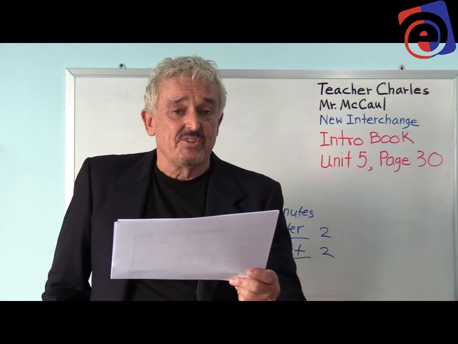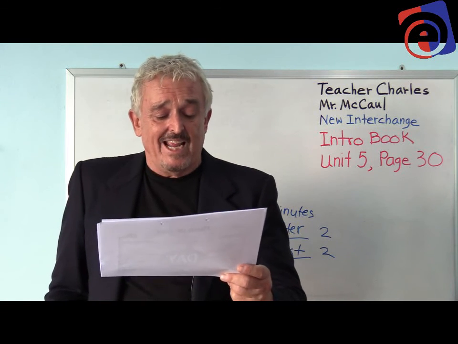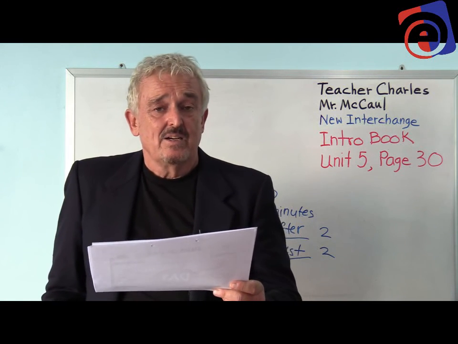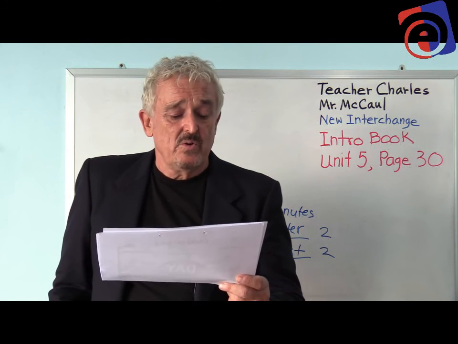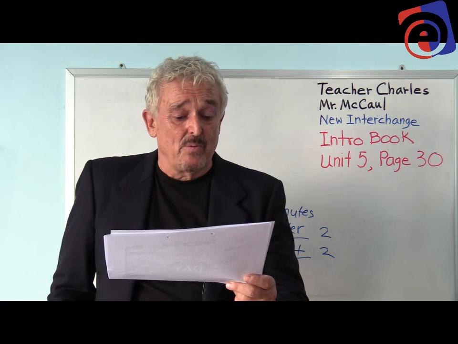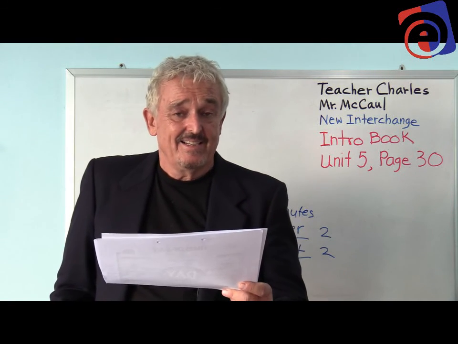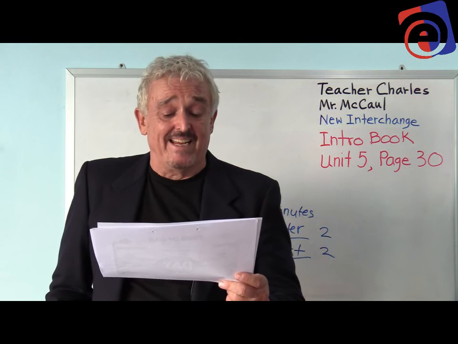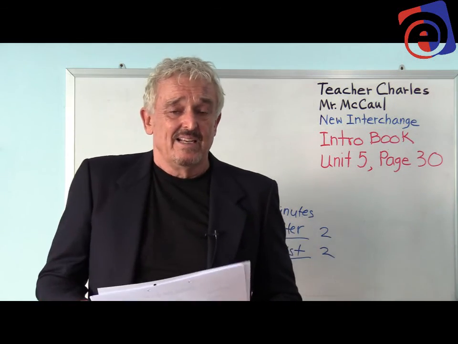It's 25 to 7, or 25 till 7. It's 20 to 8, or 20 till 8. It's quarter to 9, or it's 8:45. It's 10 to 10, or 10 till 10. 5 to 11, or 5 till 11.